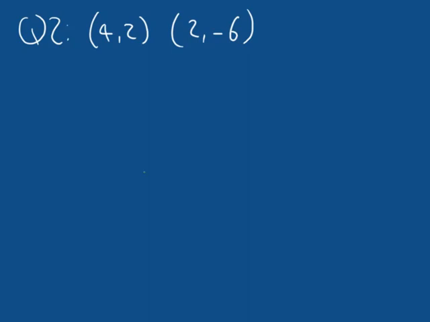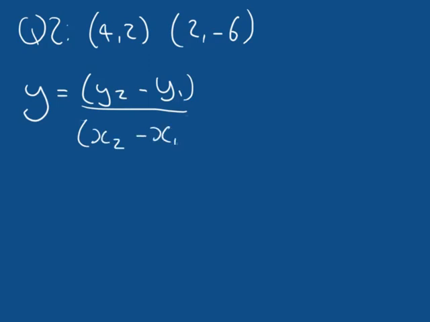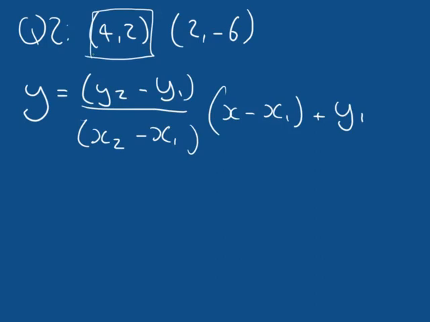Alright, welcome back. So it's the exact same equation. It's y equals (y2 minus y1) over (x2 minus x1), times (x minus x1), plus y1. And we're going to simply plug numbers into that equation. Now I'm going to take (4, 2) as (x1, y1). That's just an arbitrary decision.